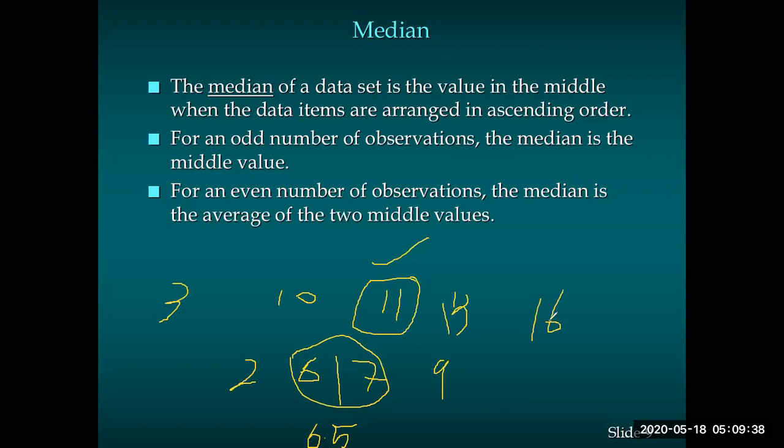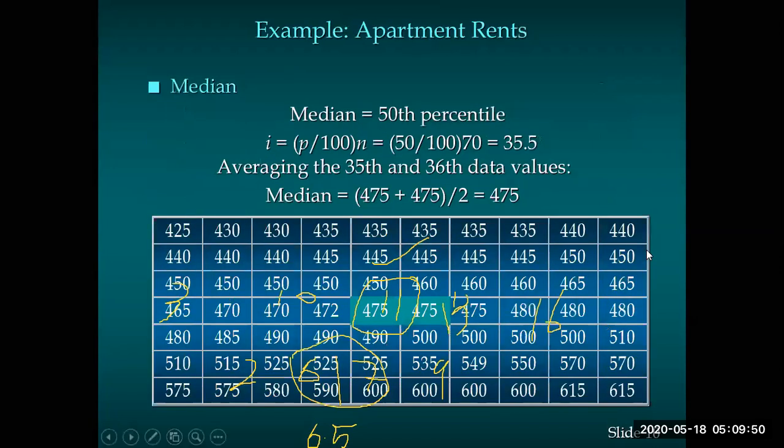Now, sometimes a rule is used, and let me show you that rule. Actually, median is also the 50th percentile. That's the middle value. This positioning rule could be used to identify the median.